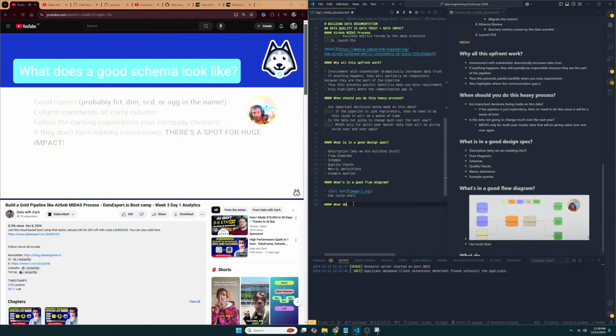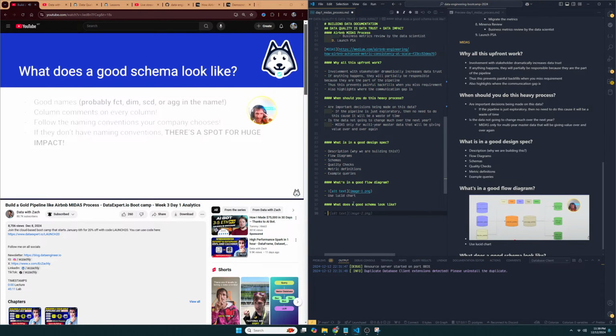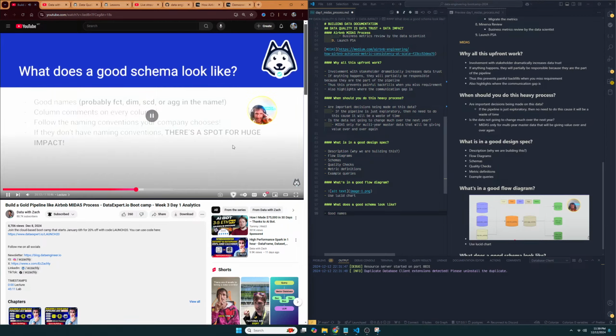We talked about schema. So your table names should look good. Generally speaking, your table name should have either fact, dim, SCD, or ag in the name to illustrate what type of table it is.